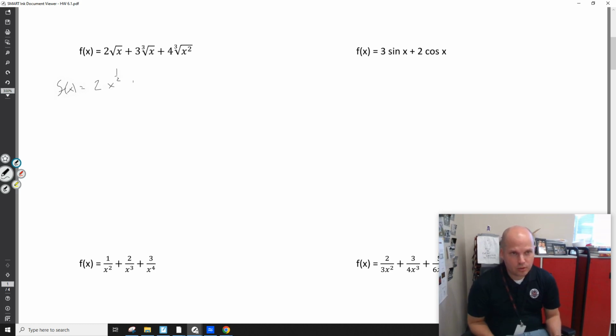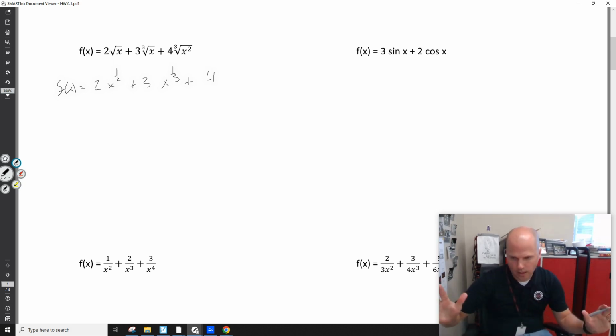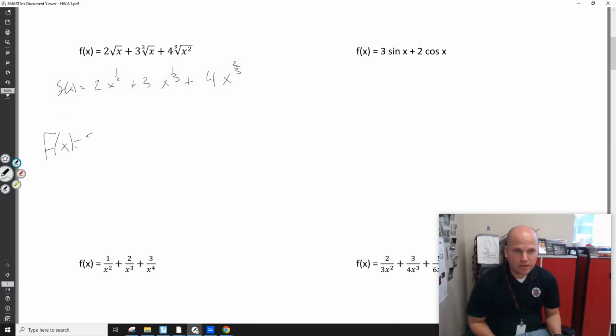Probably the best thing to do, and for now, what we always want to do is rewrite powers so that they are in the numerator, no matter if they're fractions or negatives. And sometimes we'll have to simplify. So we got this. Now, if I were to take the antiderivative of this, use the rule, keep it simple, leave the 2.